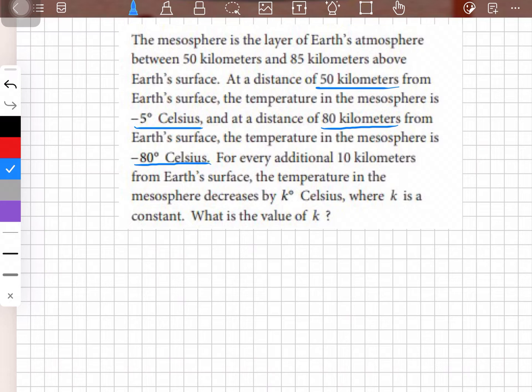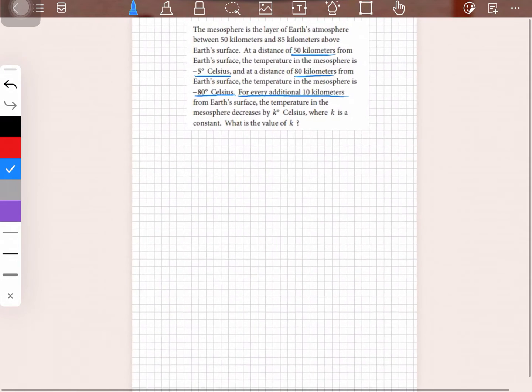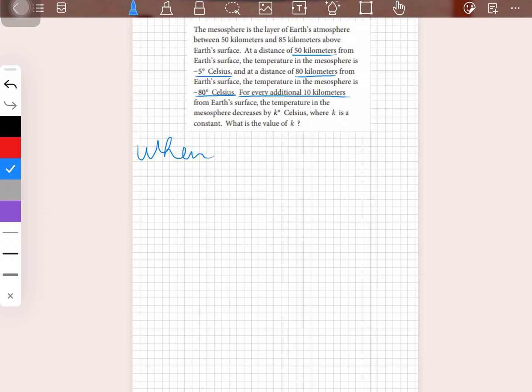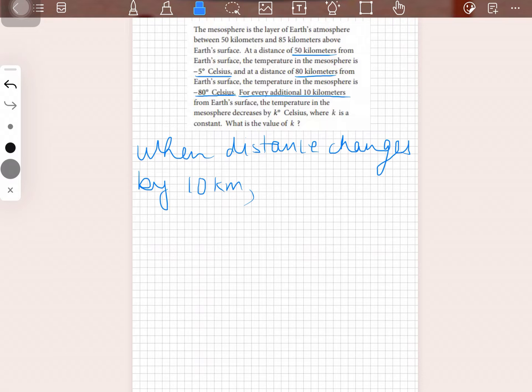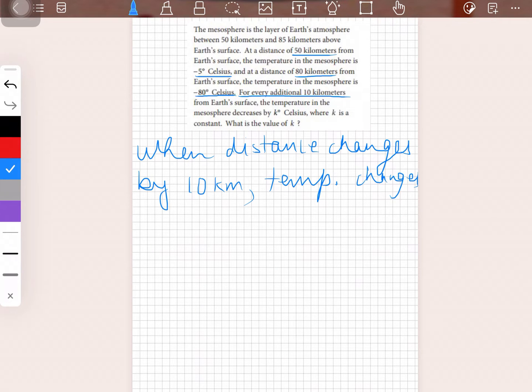So first of all, let's understand that for every additional 10 kilometers, this means that when the distance changes by 10 kilometers, the temperature changes by k degrees Celsius.